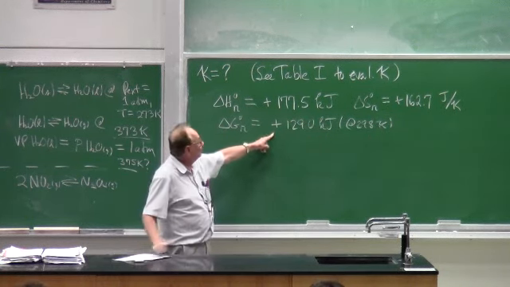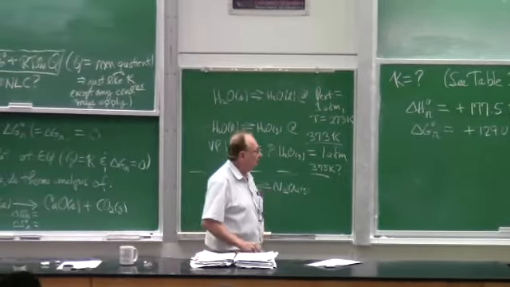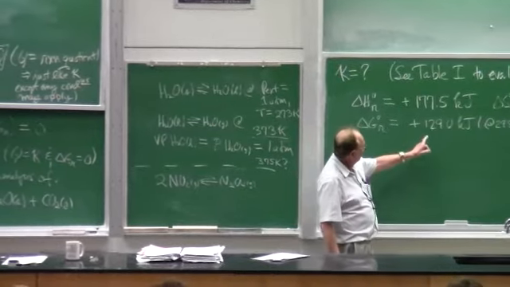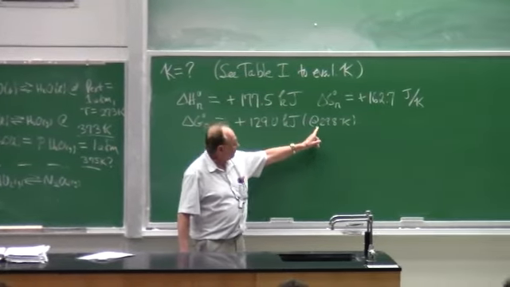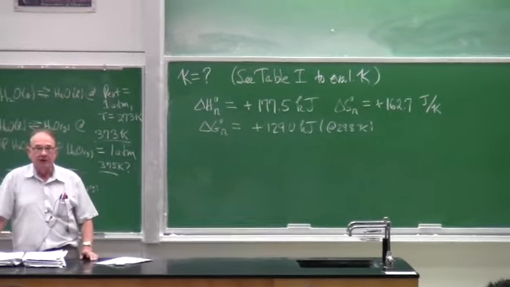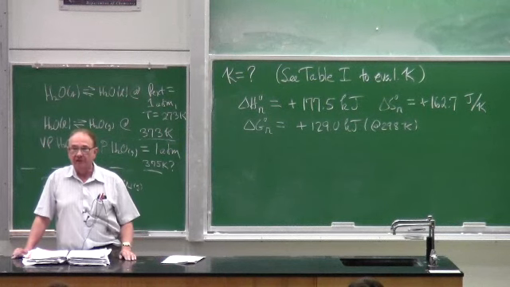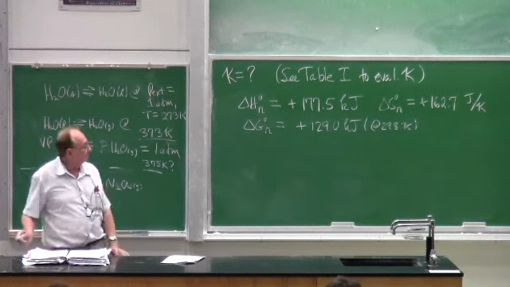Anti-spontaneous, or at the minimum, non-spontaneous in the direction written. And I wrote at 298K because you know delta G0 is a temperature dependent term. So when you write down a delta G0 value, you should say the temperature at which the value has been calculated or observed.